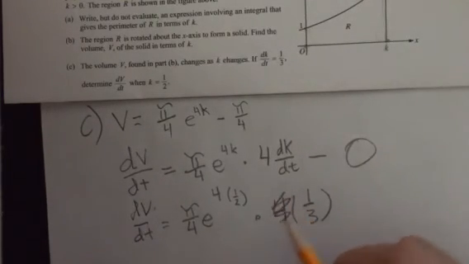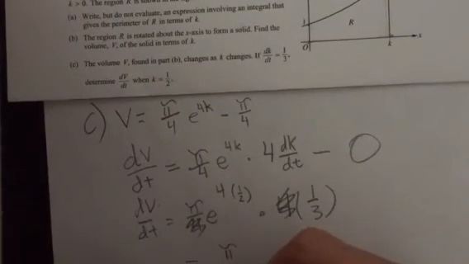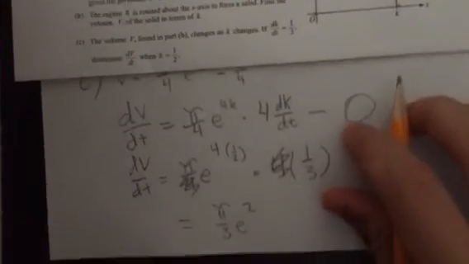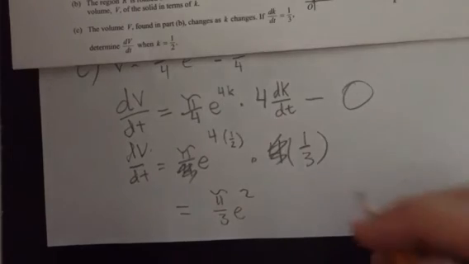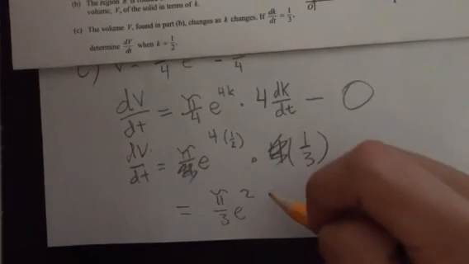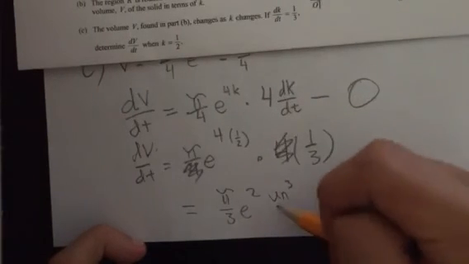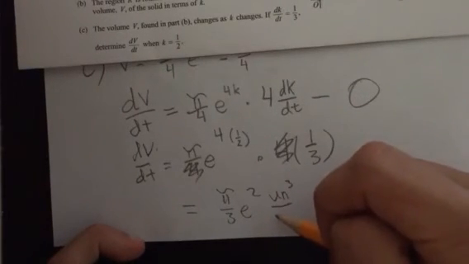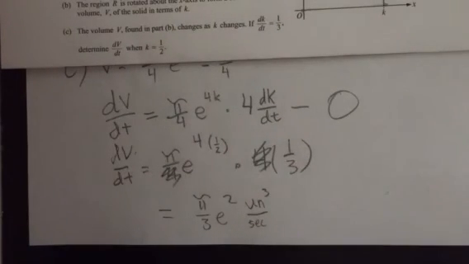So now we can go ahead and cancel this, and we're left with pi over 3 times e squared. So that's going to be the rate of change of the volume. If you want to be fancy, you can go ahead and write units cubed per unit of time, so probably second. And yeah, that's how you do this problem.